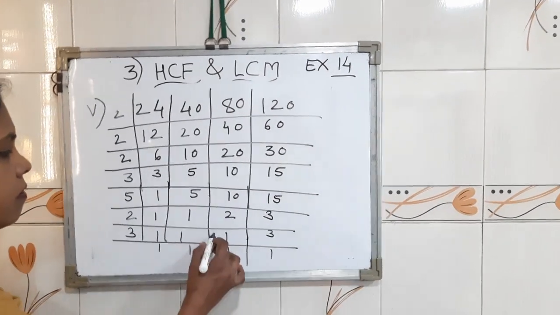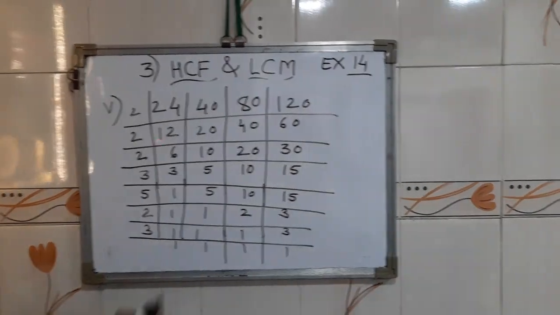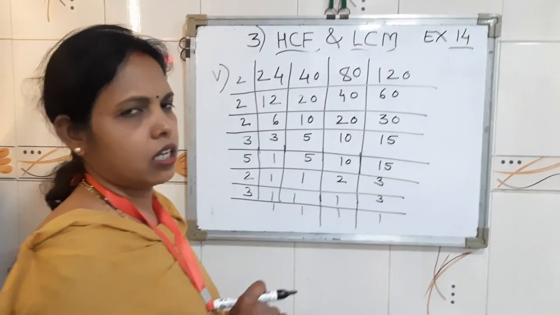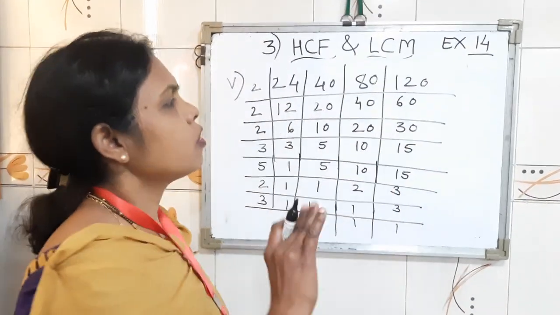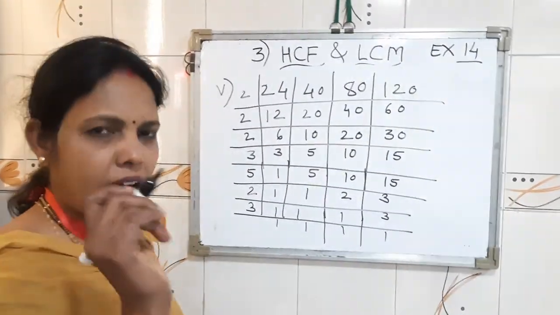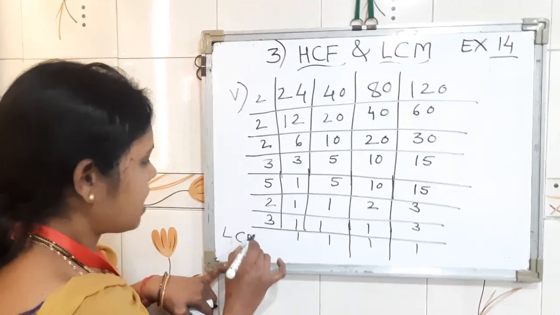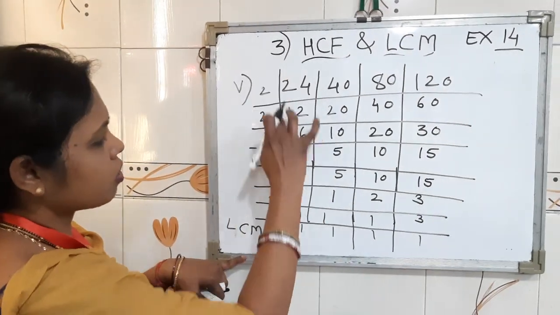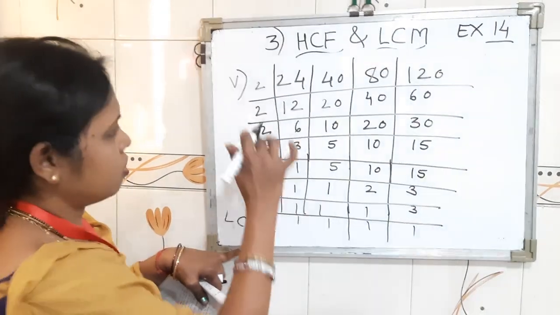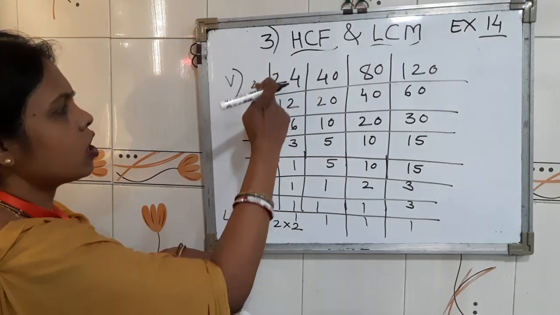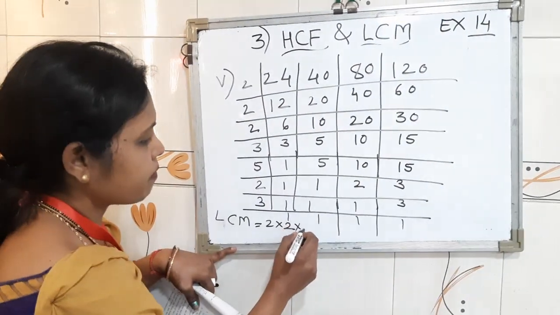So children, here for 24, 40, 80 and 120, for all these given 4 numbers, your answer, that is LCM, equals the product of all these factors. 2 into 2: how many times 2? 1, 2, 3. 3 times 2.